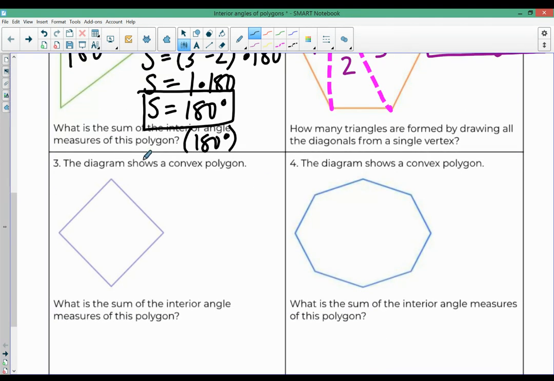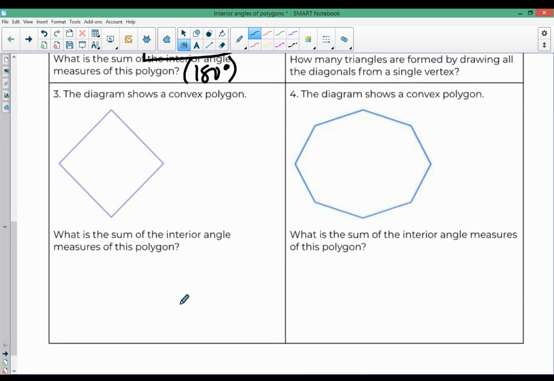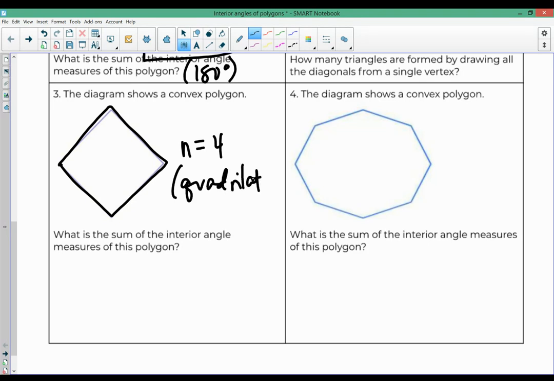All right, the diagram shows a convex polygon. What is the sum of the interior angle measures of this polygon? So I'm counting the number of sides, 1, 2, 3, 4, n equals 4. That's also known as a quadrilateral. Quad meaning 4. So I'm using my same formula.